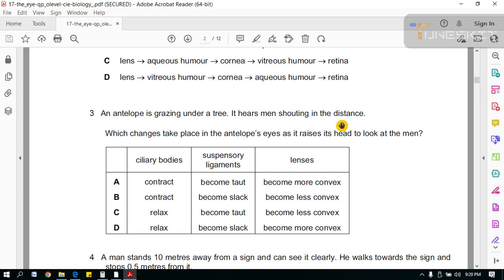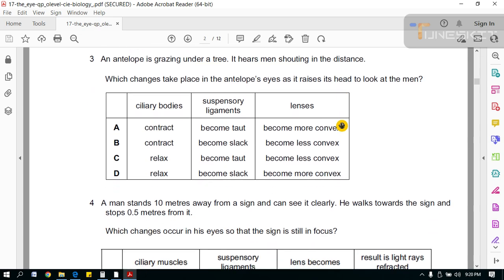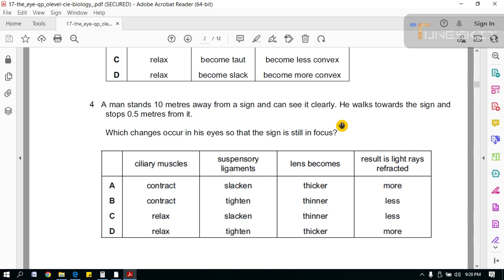So in order to relax our eyes, we focus on things which are at a distance. Another question is, a man stands 10 meters away from a sign and can see it clearly.